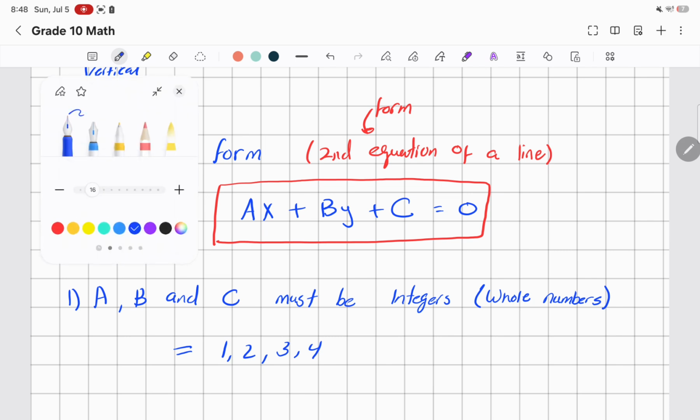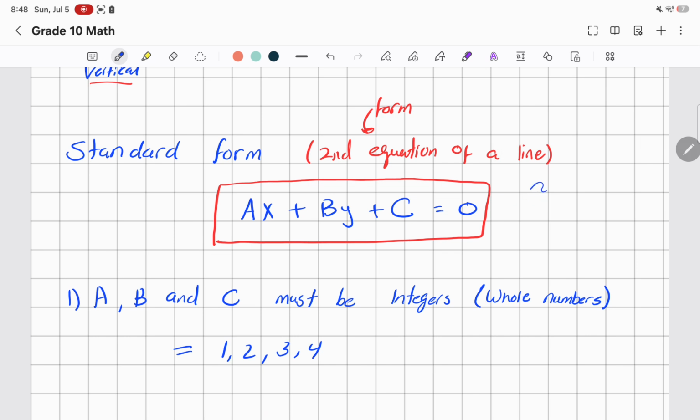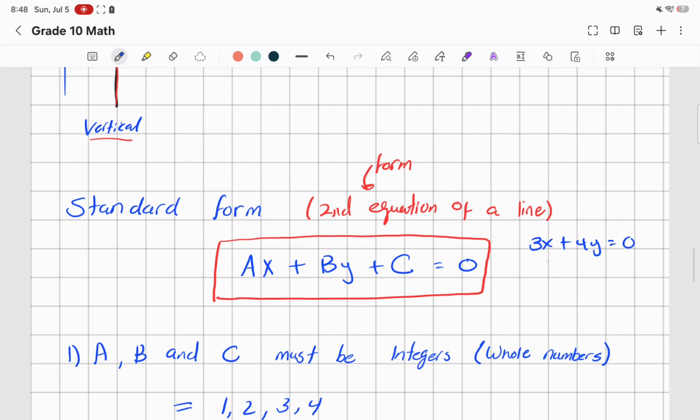So you might get an example like this: 3x plus 4y equals 0. Okay? Now, you can always work your way from standard form to y equals mx plus b form, and vice versa. You just need to maneuver.